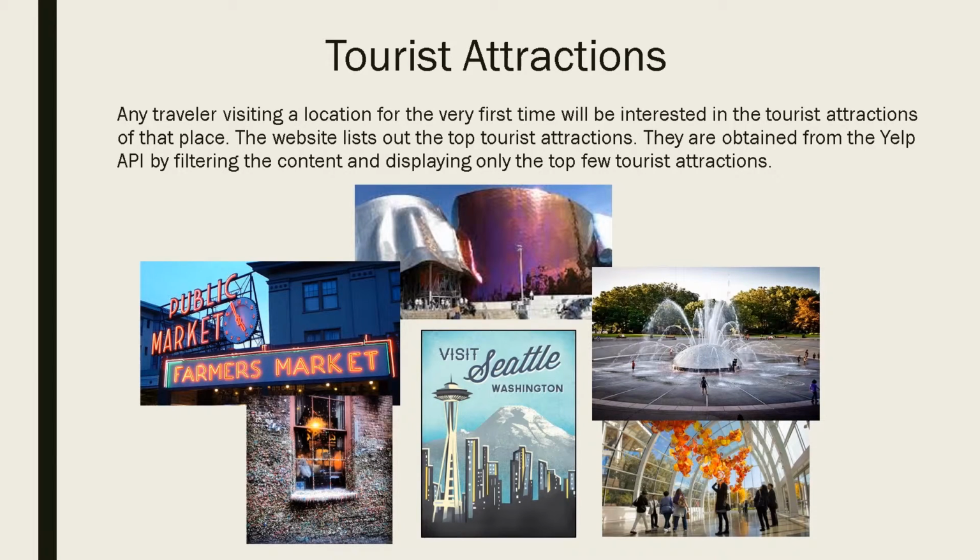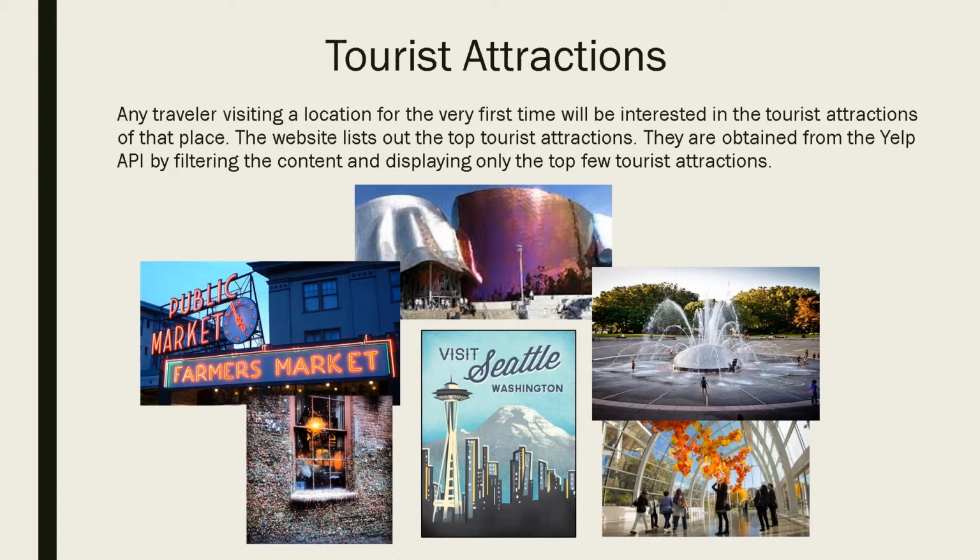Another thing that a traveler always wants to know is what are major things to do in any place. Are there good shopping malls, or tourist attractions, or museums? What is it that you should see in any place? Just as shown in the example in this slide, when you visit Seattle, you definitely want to visit the farmers market, or the fountain, or the glass museum, or the gum wall, or the gum alley as it's called.